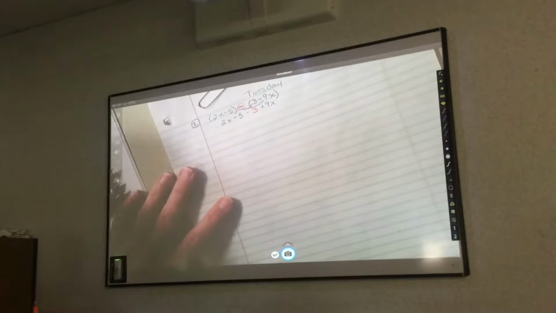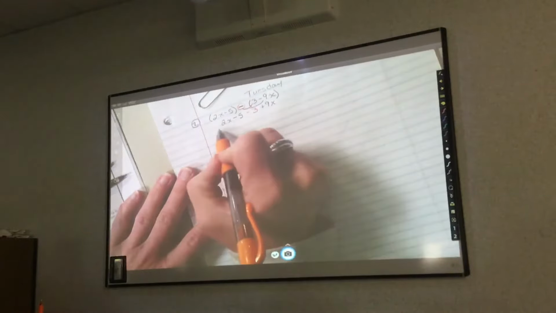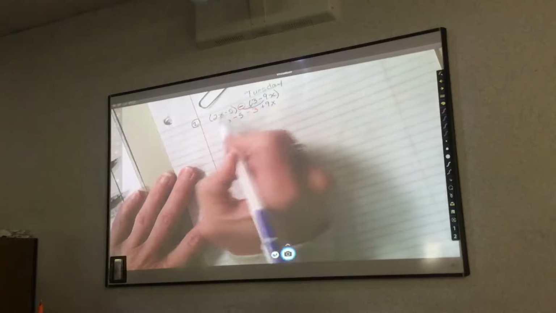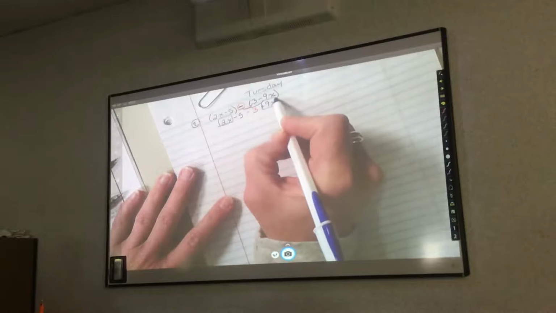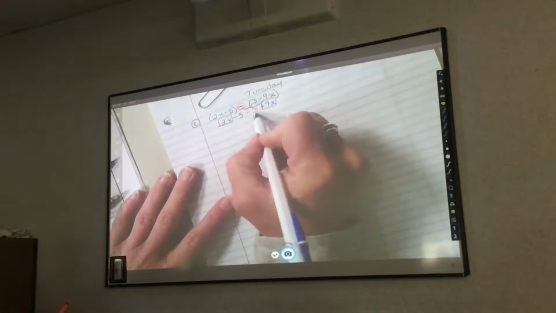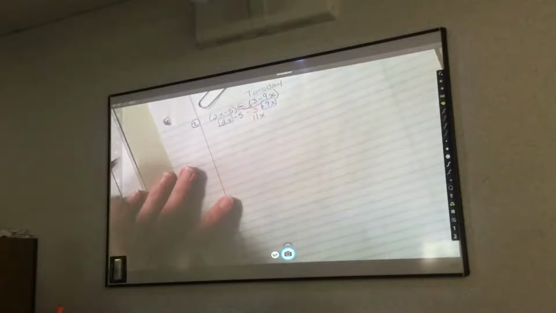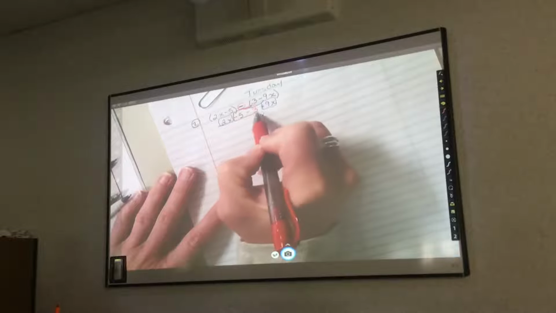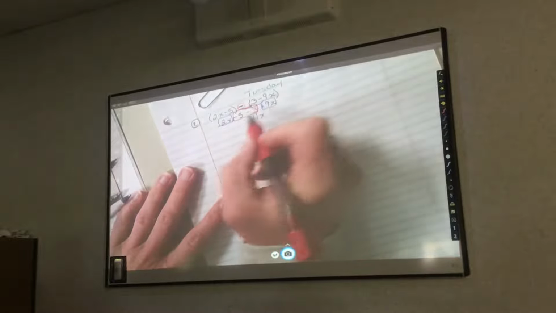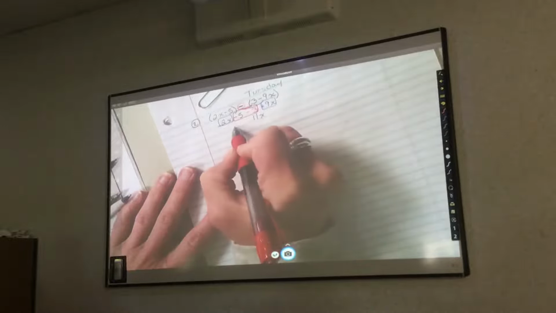So then I'm going to combine my like terms. I have a positive 2x and a positive 9x, which would make what? 11x. Then I have a negative 5 and a negative 3. I'm combining them together, so it would just make a negative 8.